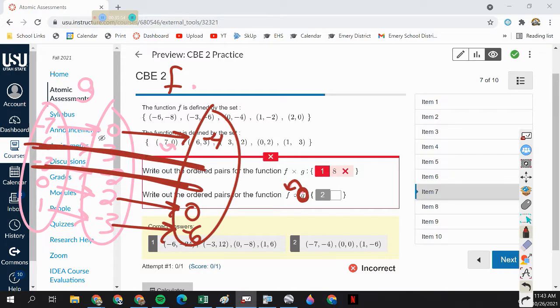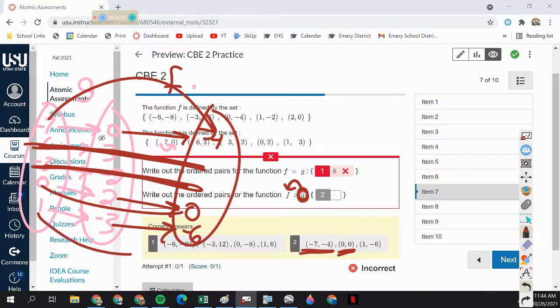So what does f of g do? It only does 3 things. It takes -7 and goes straight to -4. Okay, and it skips the middleman. All that stuff on the inside gets done without us realizing it. And then 0 gets sent to 0, which is the answer right here.